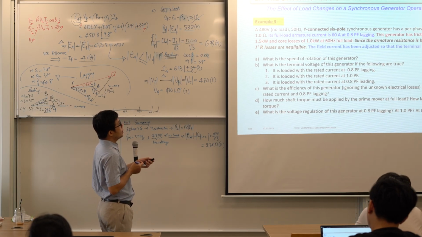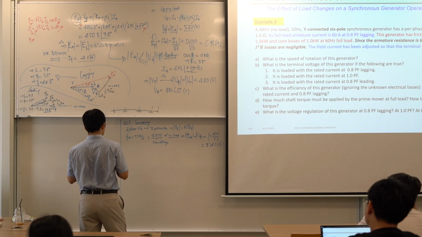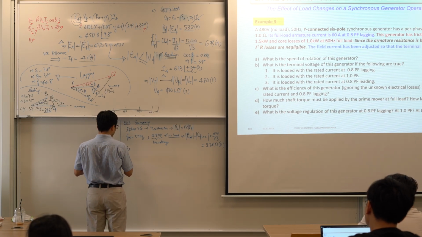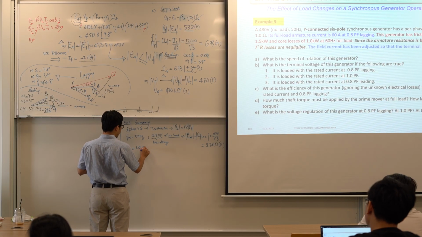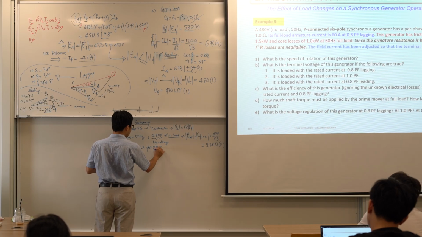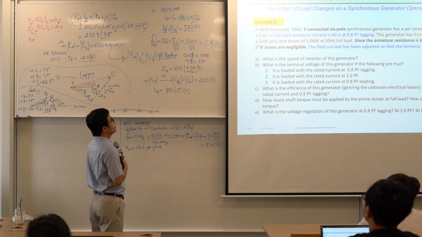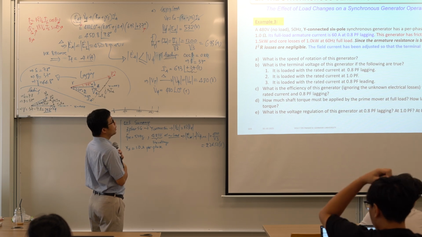Okay. What else? They give us the information of synchronous reactance of 1.0 ohm per phase. So that means XS is 1.0 ohm per phase. How about RA? No RA.